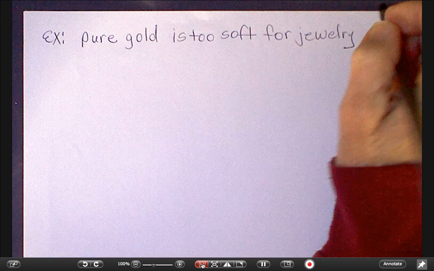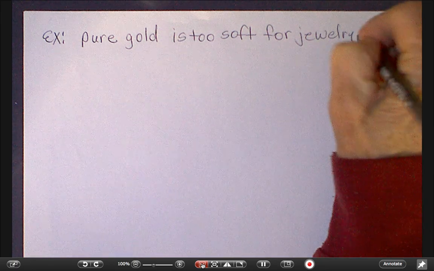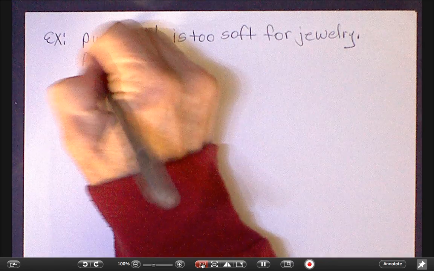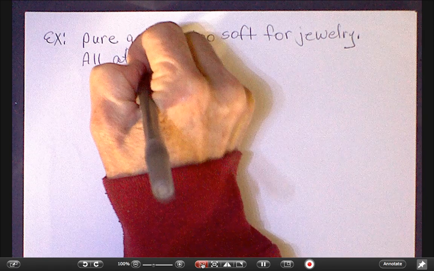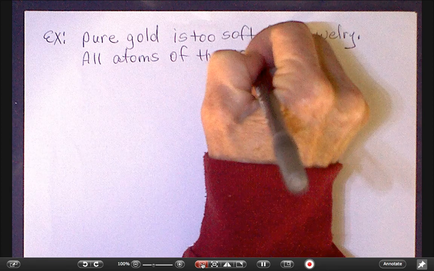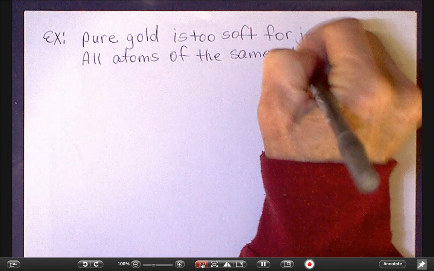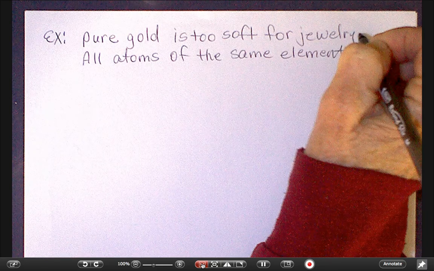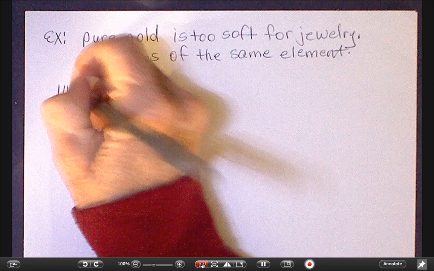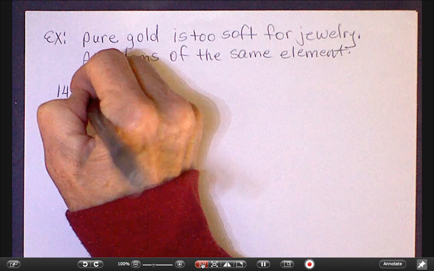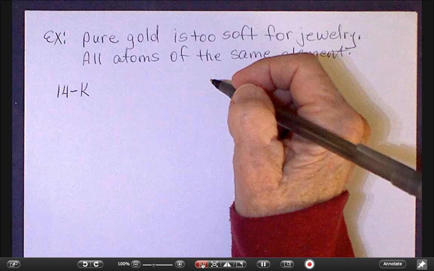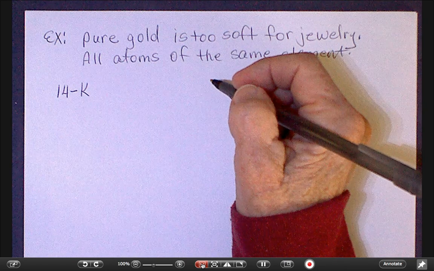And remember, because it's pure gold, it's all atoms of the same element, yes? Now then, gold is determined like 14K for 14 karat, 18 karat, and what is it, 24 karat?